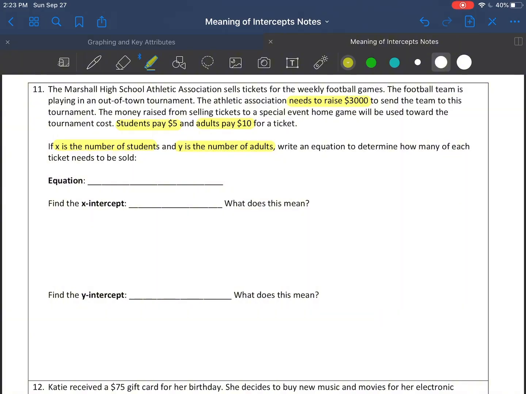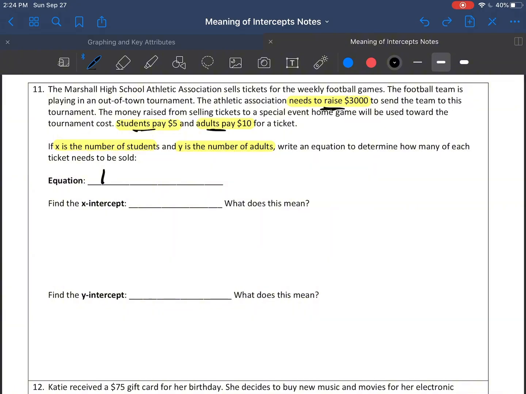And so anytime you're dealing with two kinds of rates, for this example, it's $5 per student and then $10 per adult, and then you have a total, that's how you know this isn't a y equals mx plus b situation. This is a standard form situation.